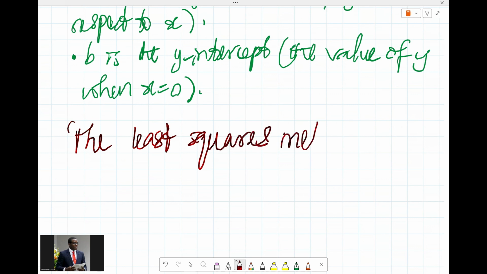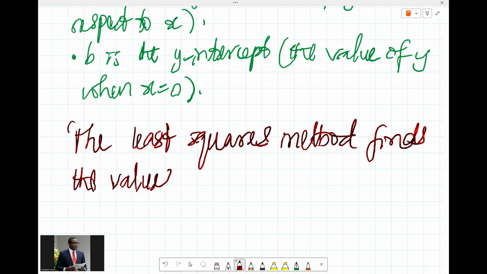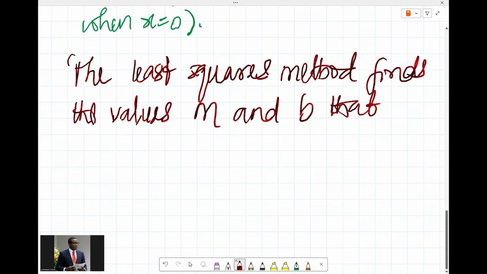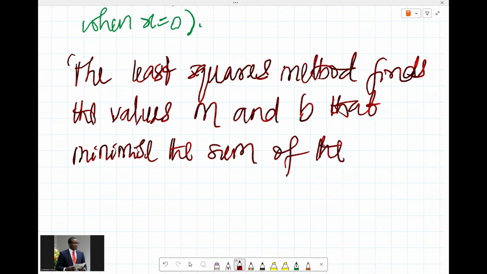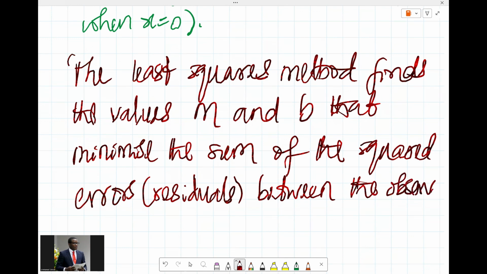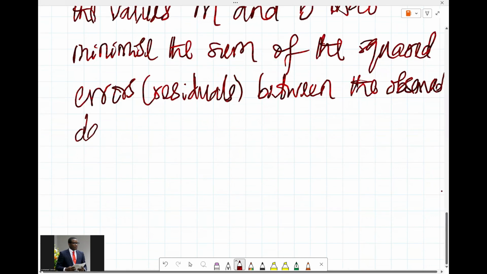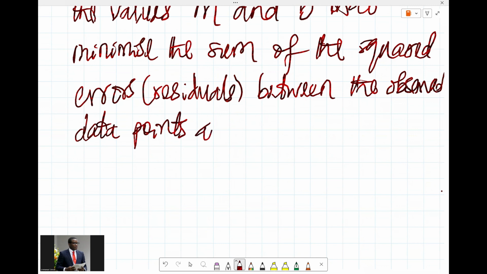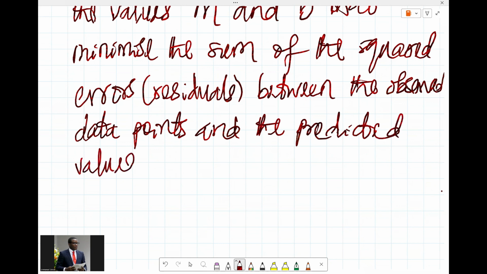The least squares method finds the values m and b that minimize the sum of the squared errors, or what you can call residuals, between the observed data points and the predicted values from the model.